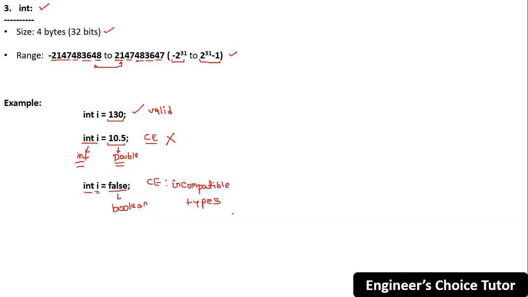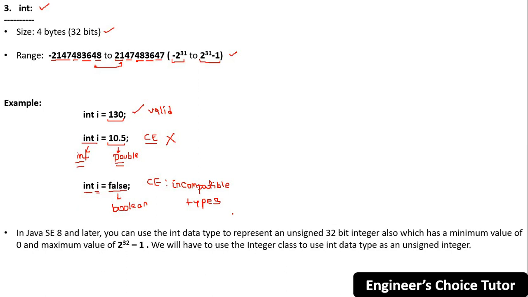Now, the bonus point is what? In Java SE 8 and later, you can use the int data type to represent an unsigned 32-bit integer also, which has a minimum value of 0 and a maximum value of 2 to the power 32 minus 1. We have to use the Integer class to use int as an unsigned integer.